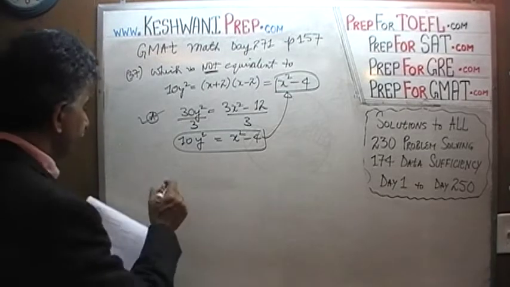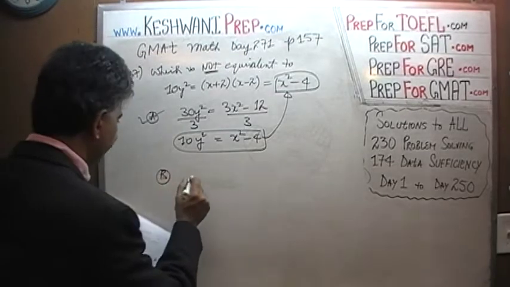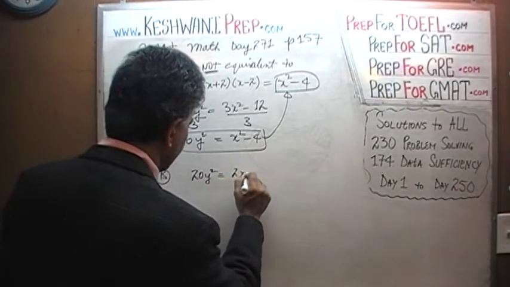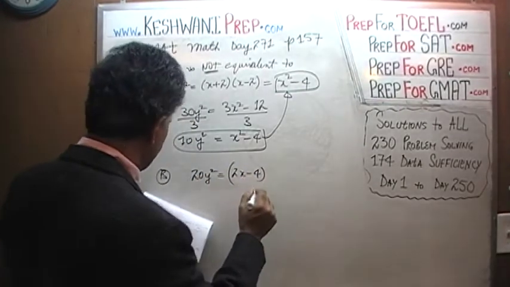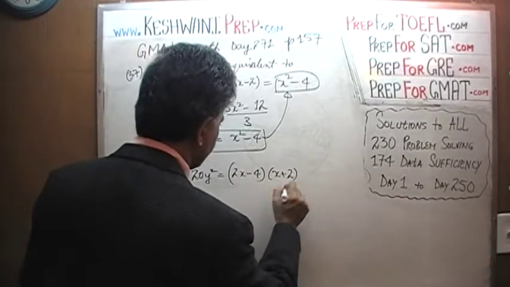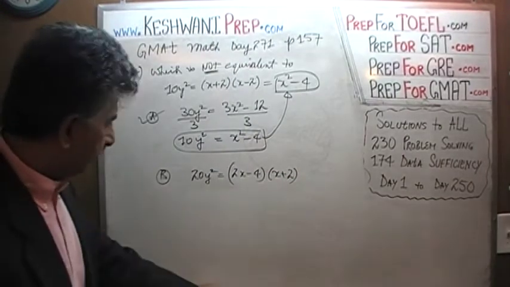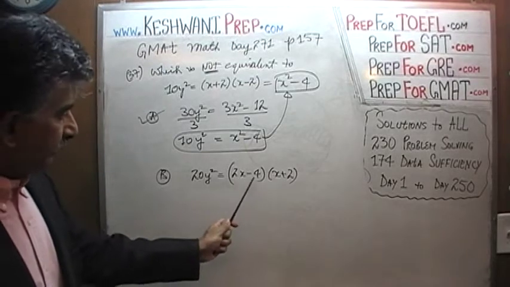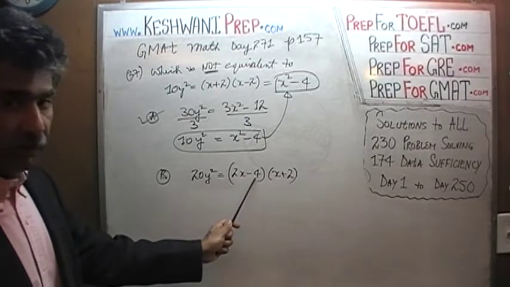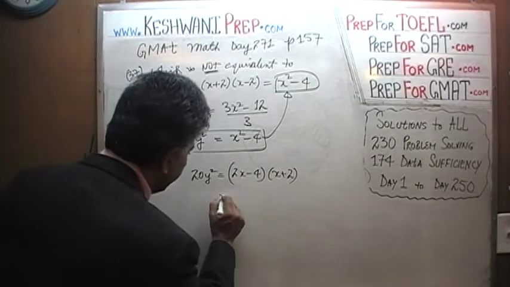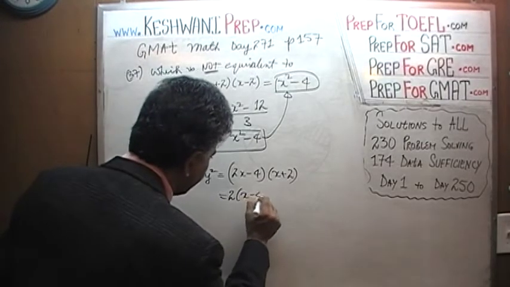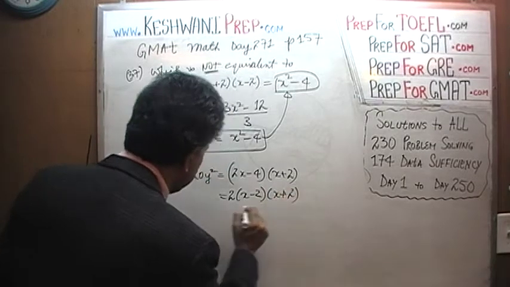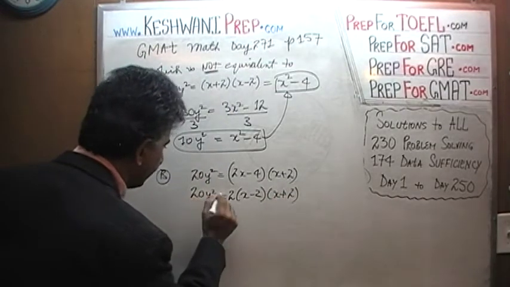Let's look at B. B says 20y squared is equal to 2 times x times 2x minus 4 plus x plus 2. Again, we see a 2 here, we see a 4 here. We can take this 2 out as a common factor, and if we do that, we'll end up with 2 times x minus 2 times x plus 2, and here we'll end up with 20y squared.